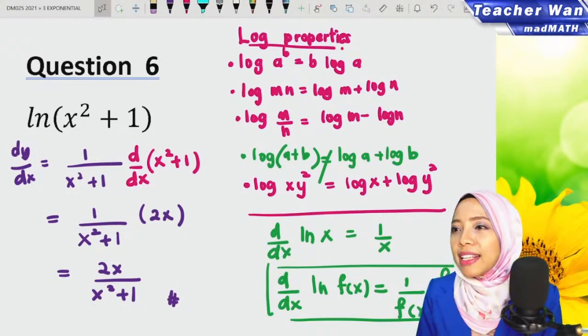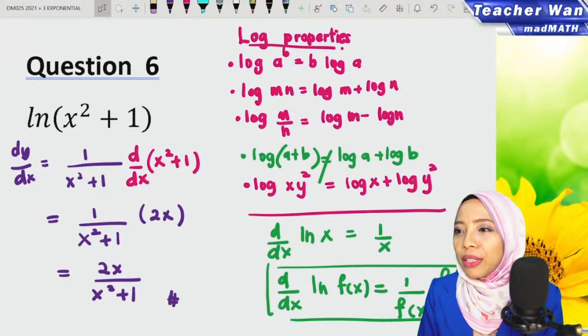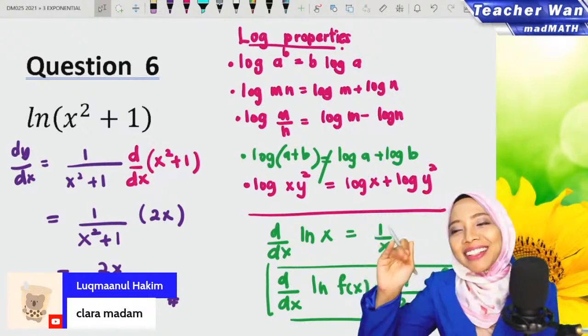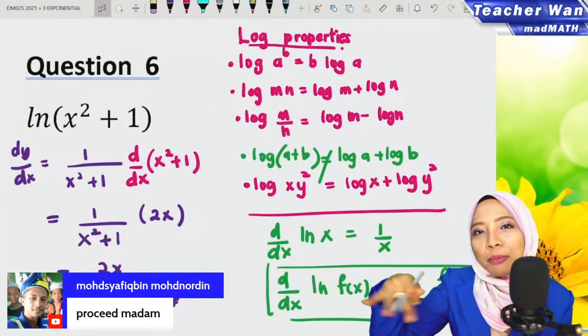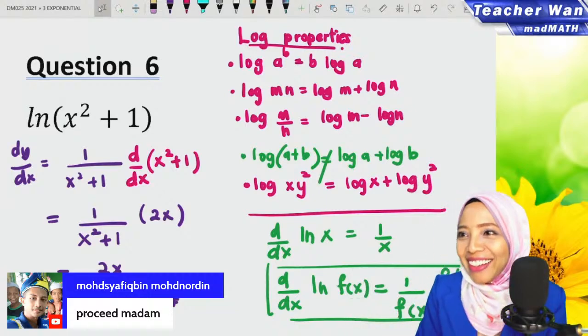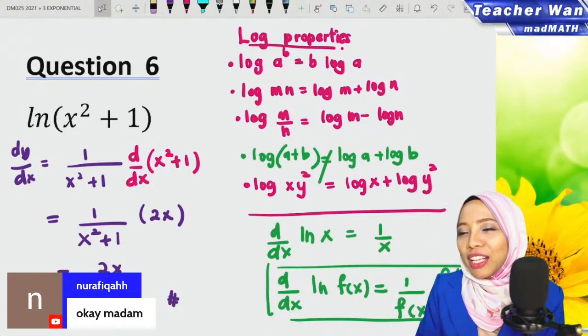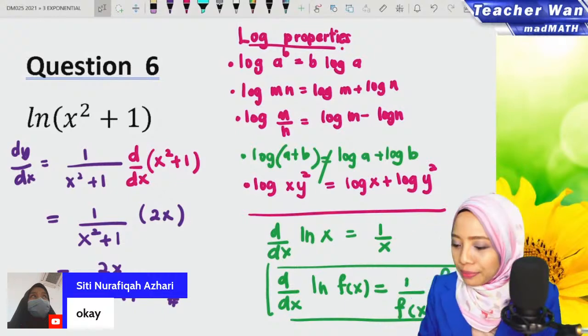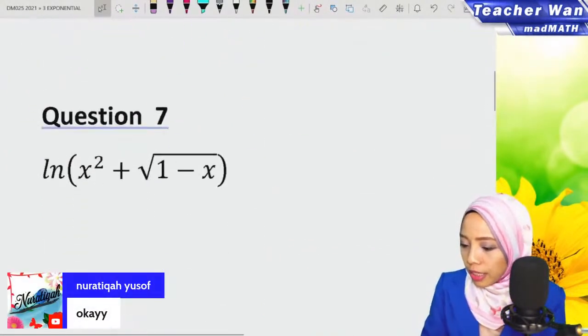Yes, Muhammad Syafiq. That's Sir Syafiq, welcome back. Sir Syafiq is diligent. Oh, Madam Chia. Hi, Madam Chia. Come, next time we collaborate together. You teach me English, I teach math. Who else? Nur Afika, okay. Very good.